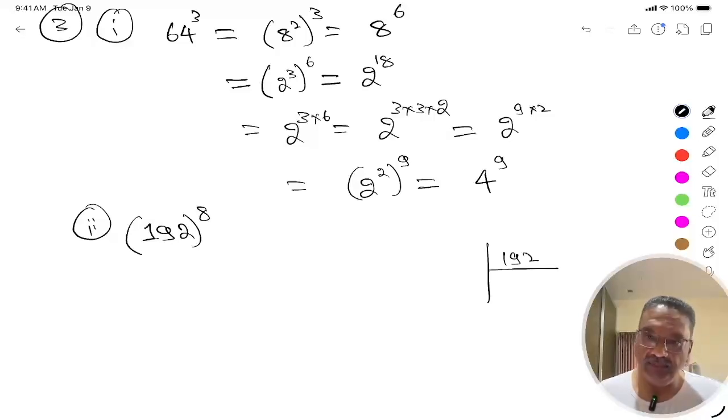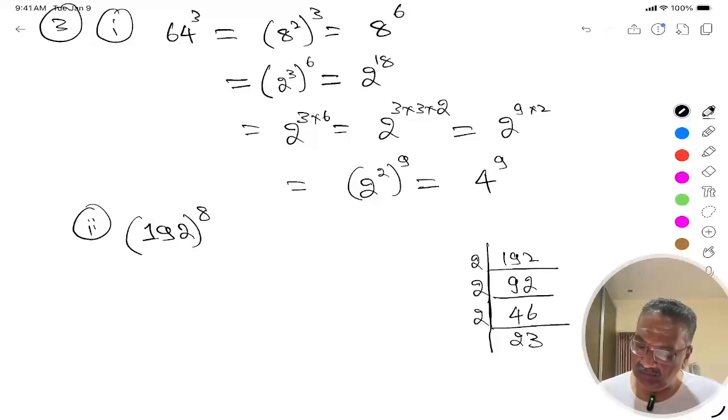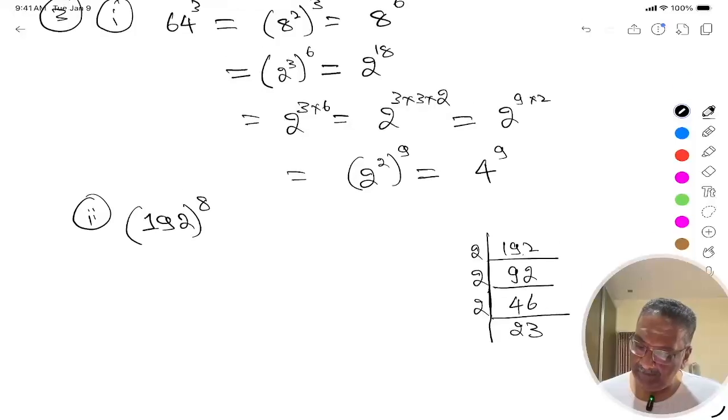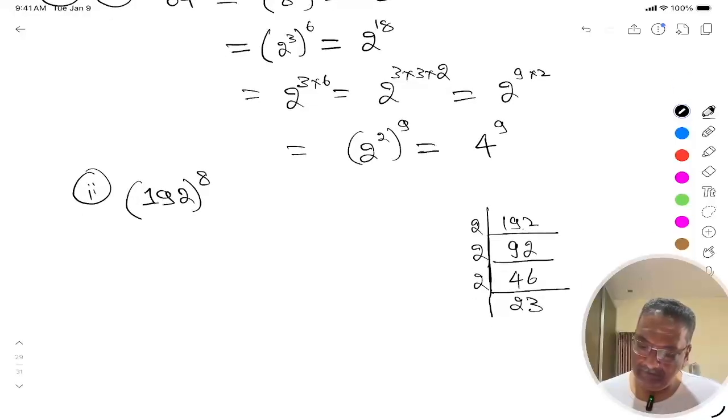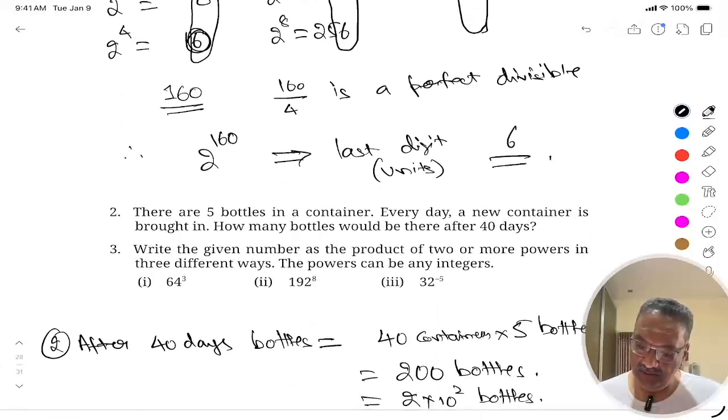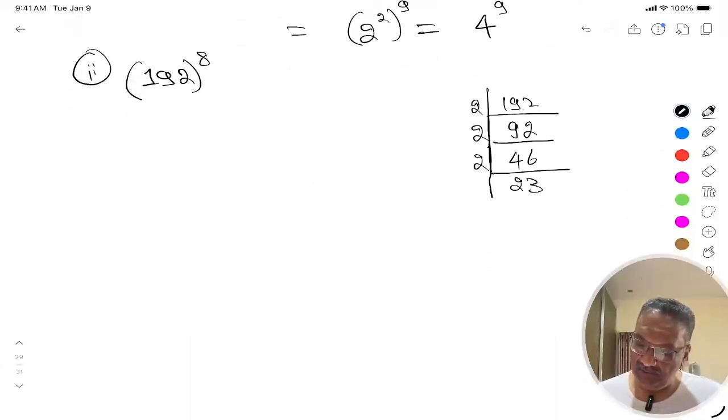Let us find the prime factors. 2 nines are 18, 2 sixes are 12... 192, right? Yeah, it is 192 to the power of 8.